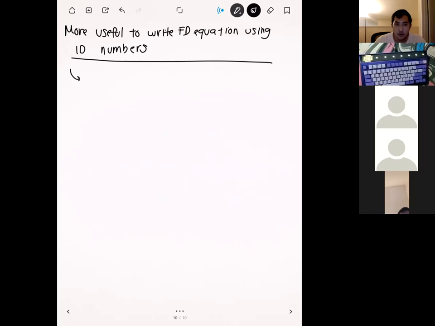And so with this in mind, let's use our ID equation that we had earlier to write out the ID numbers for not only the node in question, but also all of its neighbors.